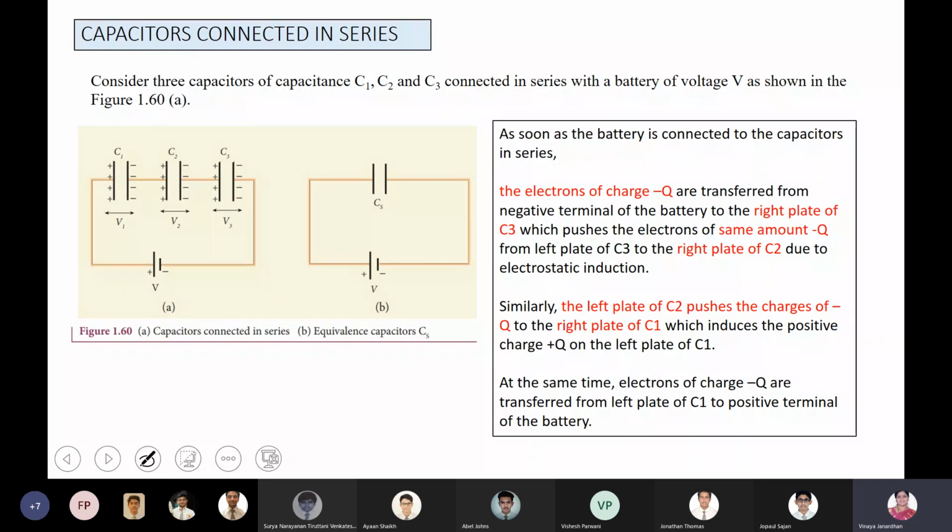Now keep this in mind. I have three capacitors C1, C2 and C3. Now they are connected to a power supply of V volt. In series connection, each plate will have the same amount of charge.